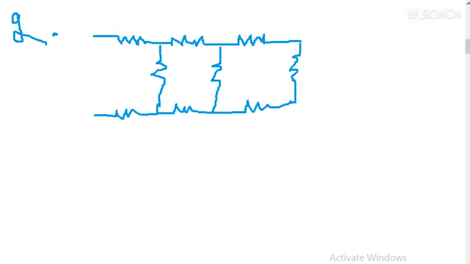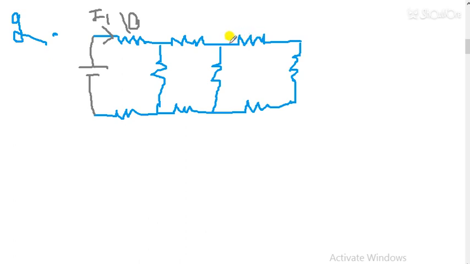So students, in the next question I have taken, the value of each resistance is 10. Every resistance has a value of 10. So let's suppose firstly I connect it to a battery. Then some current will flow here. Let's suppose it is I1.